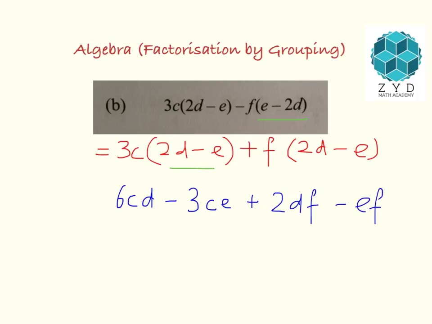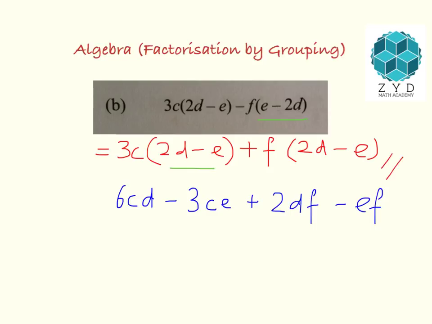Let's check with the original question. We have 6cd minus 3ce. Okay, these are the same, and we have minus ef and plus 2df. Yes. Since all the terms here are the same, our factorization is indeed correct.